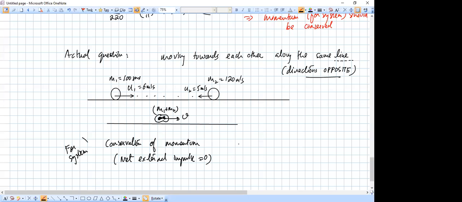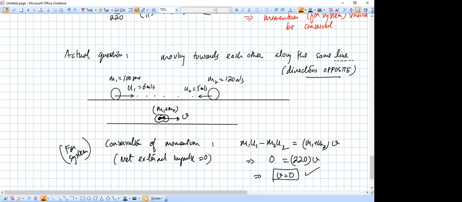So that will tell us that initial momentum is m1 u1 minus m2 u2. Note the minus sign is because the direction is opposite. And that should become m1 plus m2 into v. So this time when you substitute, this left hand side will be 0. So that is what will tell you that the final velocity is 0. And that is the given answer. So the given answer is okay, but just make a correction in the language of the question, it should be along the same line but opposite directions.